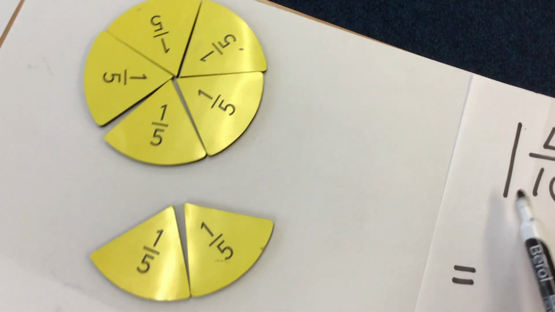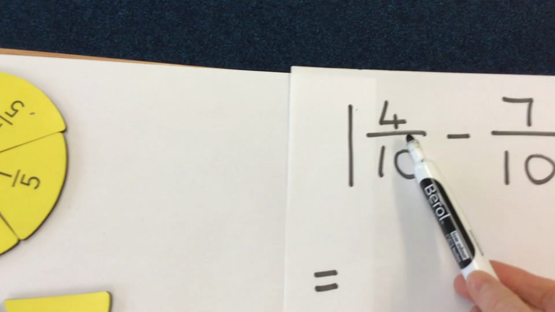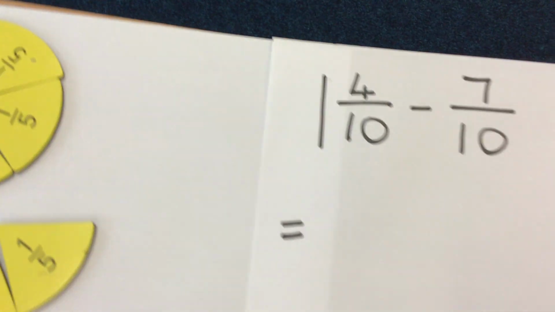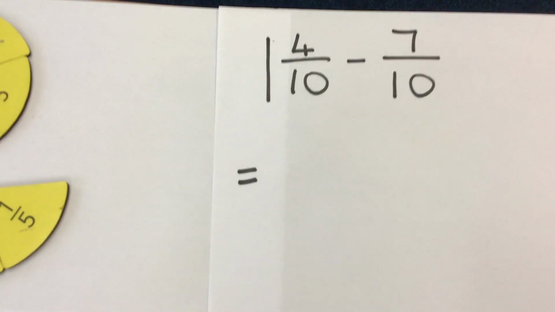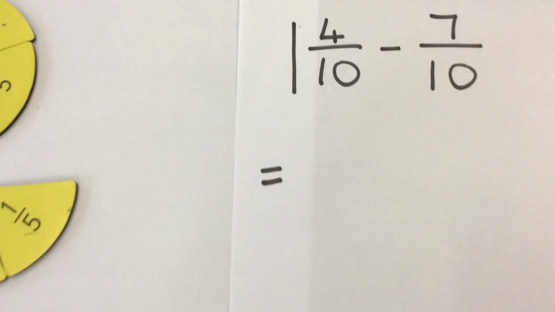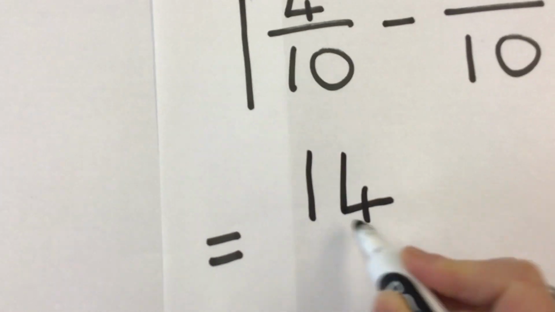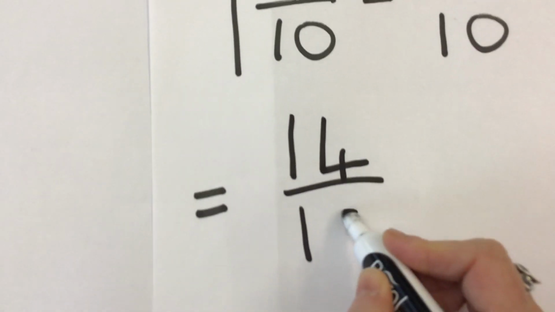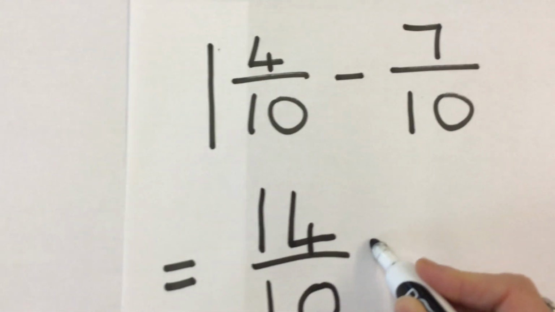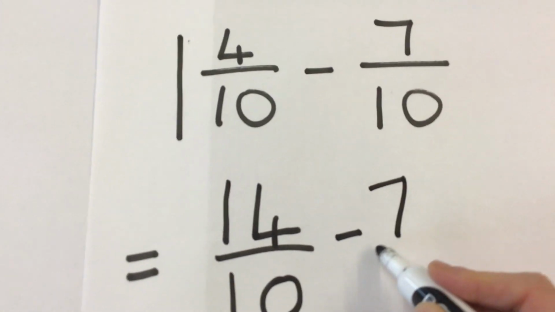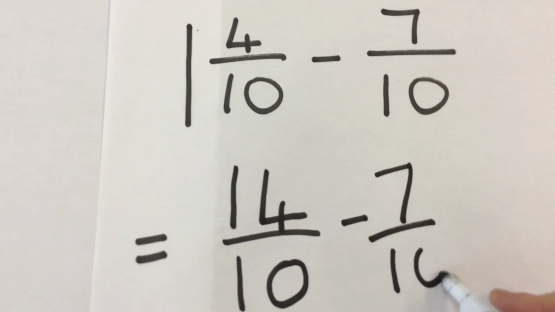So if I've got 10/10 here and 4/10, how many tenths could I write down? Yep, that's right, you could write down 14/10. And now we could subtract 7/10 quite easily.